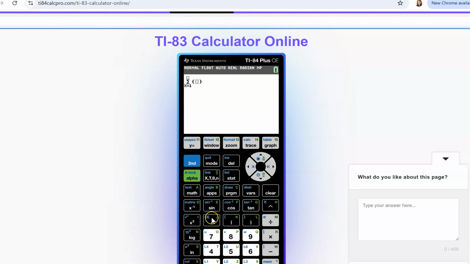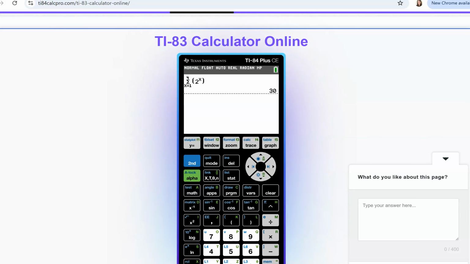In the top part, we're going to go to 4. And then over here, we can do 2 to the X power. Remember that this variable inside of here and that starting index down there have got to be equal to each other.